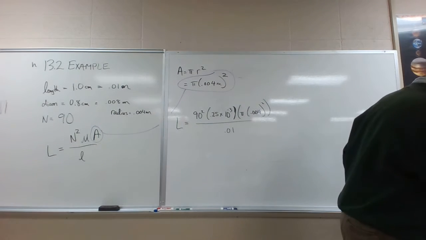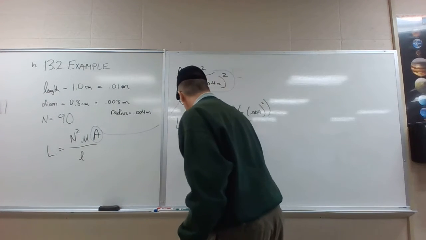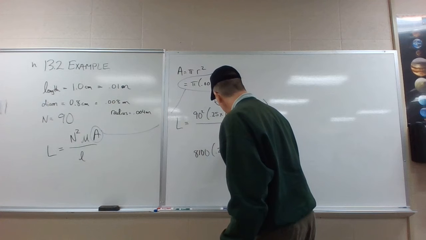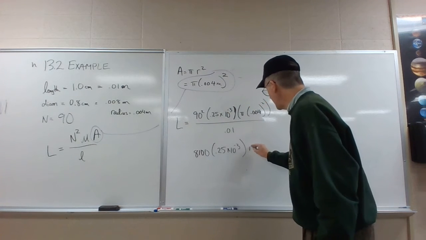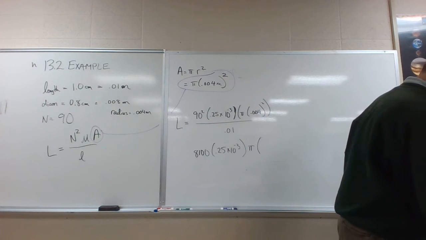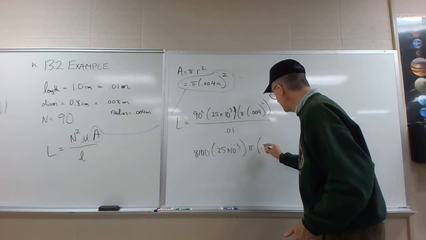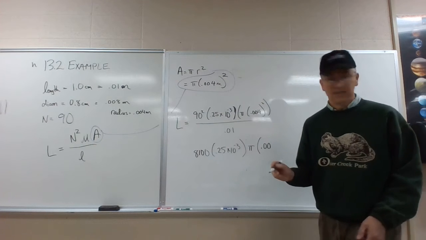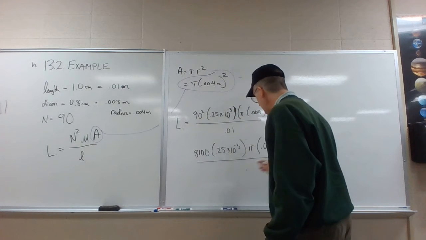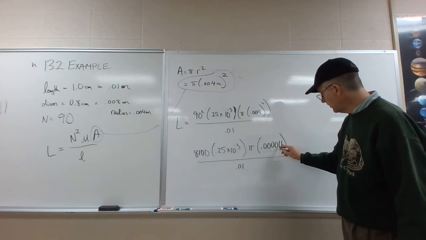So let's do this. 90 squared is 8100 times 0.25 times 10 to the negative 3 times pi times 0.004 squared, which is 0.000016, all divided by 0.01.